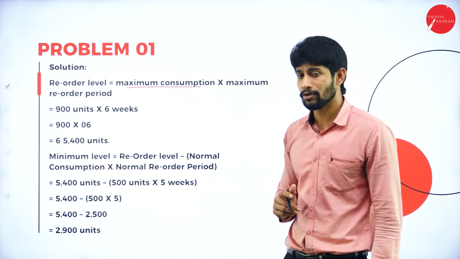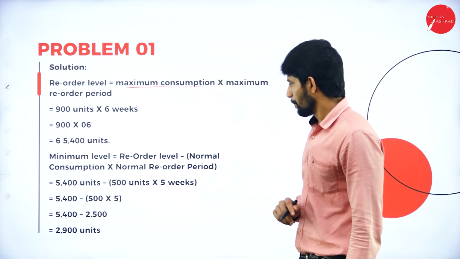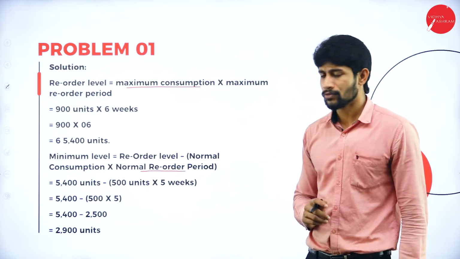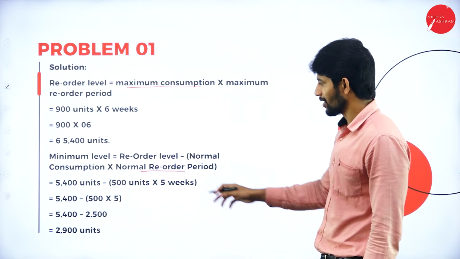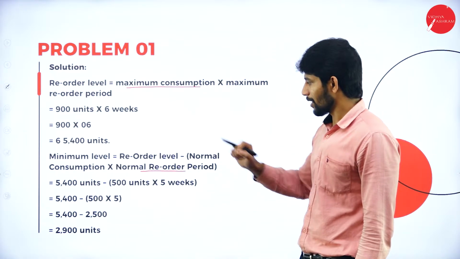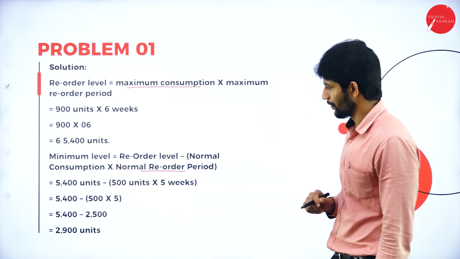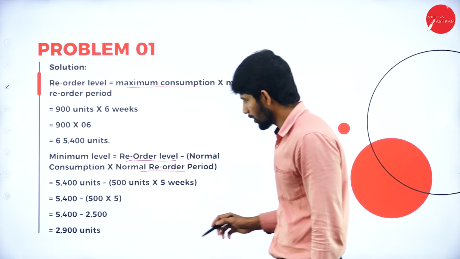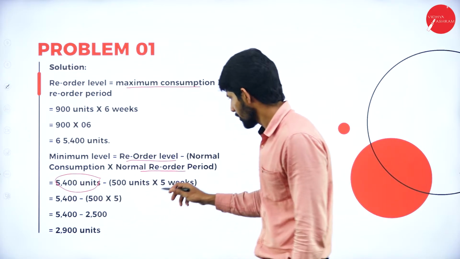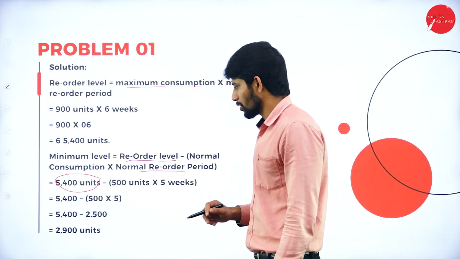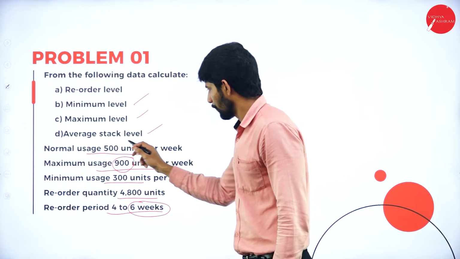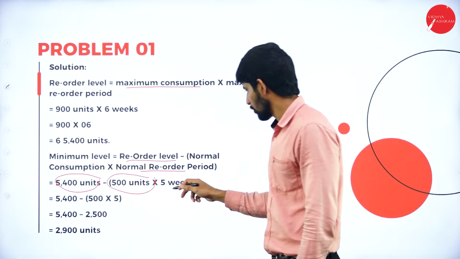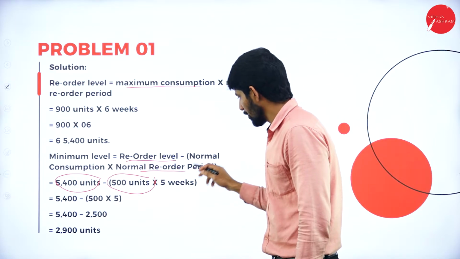Next, minimum level. What is the formula to find the minimum level? Reorder level minus normal consumption into normal reorder period. Here the reorder level is 5,400 units minus normal consumption. Normal consumption is 500 units into 5 weeks, that is the normal reorder period.